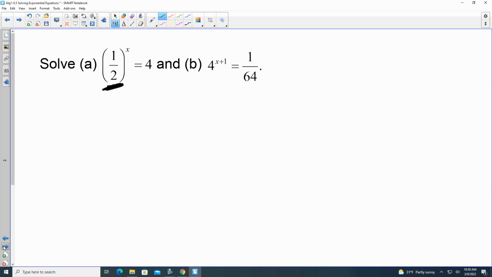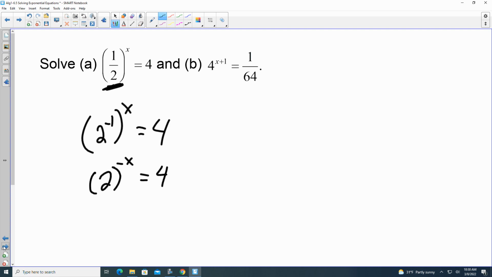In order to get this not to be a fraction, I'm going to rewrite this as 2 to the negative 1 power raised to x is equal to 4. So now I have 2 to the negative x power is equal to 4.